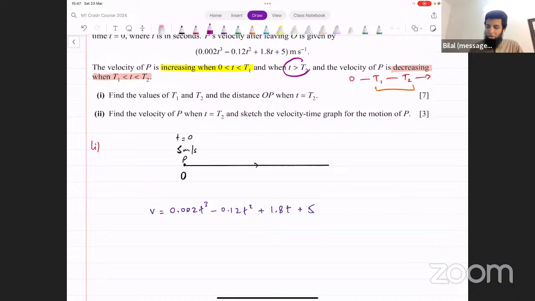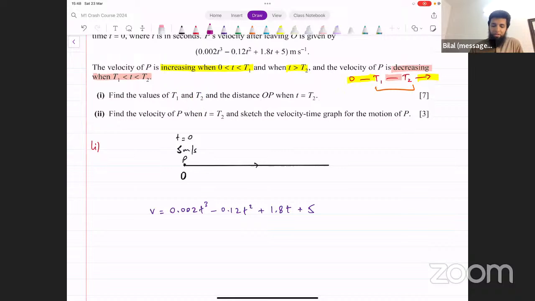And it's also increasing after t2. So it's increasing on the right side as well. So increasing here, and decreasing in the middle. Right? That's what is happening. It's first increasing and then decreasing and then increasing again. We need to find the values of t1 and t2 and the distance OP when t equals t2.